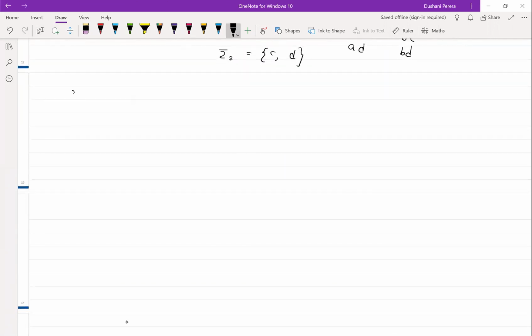Then the next one is reversal of a string. If we have a string W, which is A1, A2, A3 up to AN, we can get the reversal of the string, where we have AN, AN minus 1, AN minus 2 up until A1.